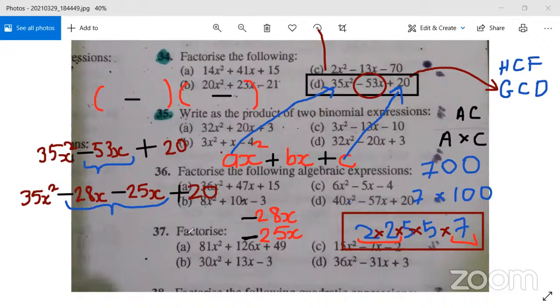So let's just take a little look at that so that we are comfortable with what just happened, right?